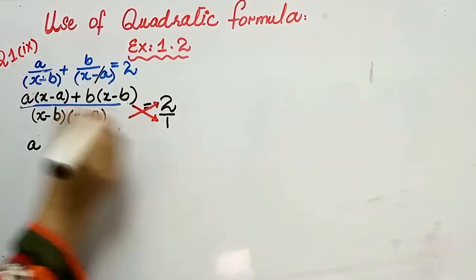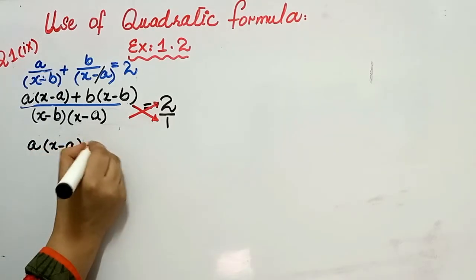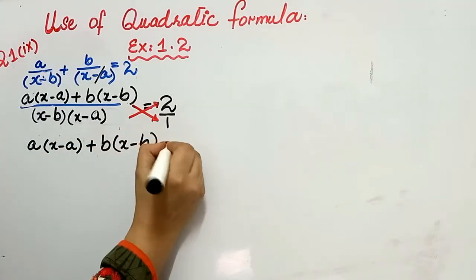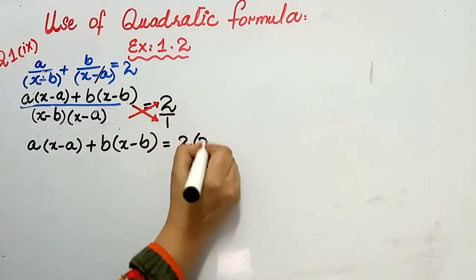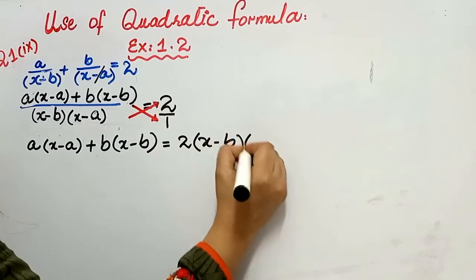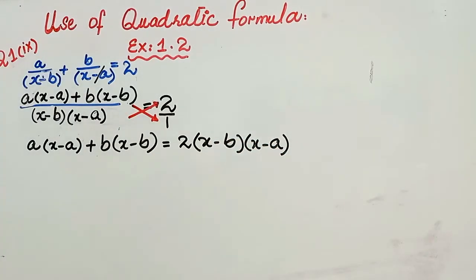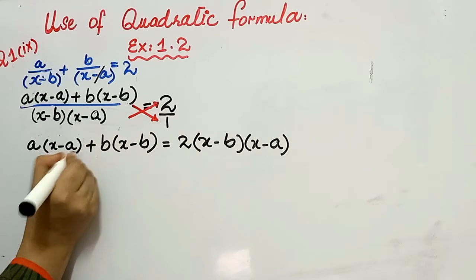The whole expression is multiplied by 1, then it will be a into x minus a plus b into x minus b is equal to 2 into x minus b into x minus a. Fine. So again I am distributing a on this expression.